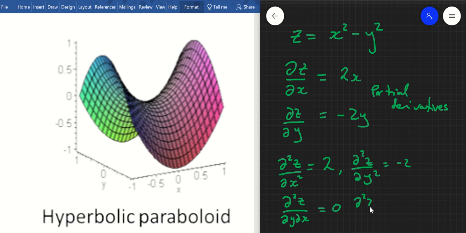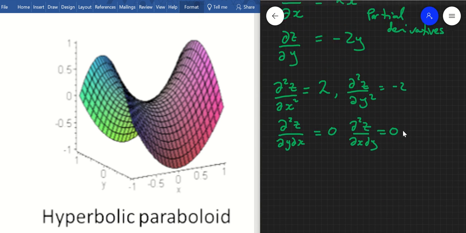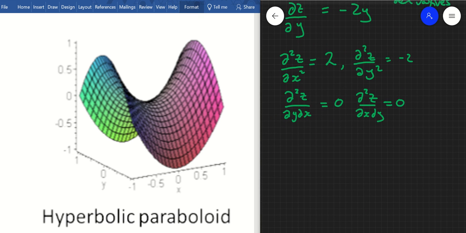What about if I did the other way around? So I get the y derivative and differentiate with respect to x. Well, that's 0 as well. Actually, these are the same as each other. So that's an important fact that we use, which is the equality of mixed partials.